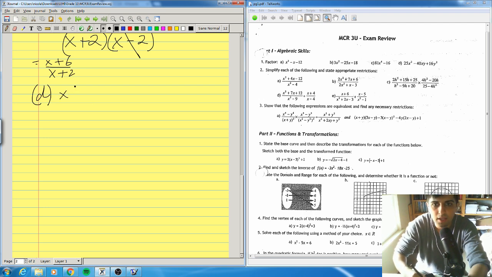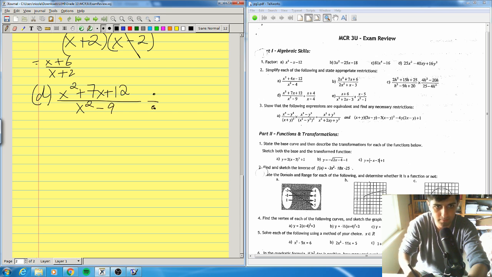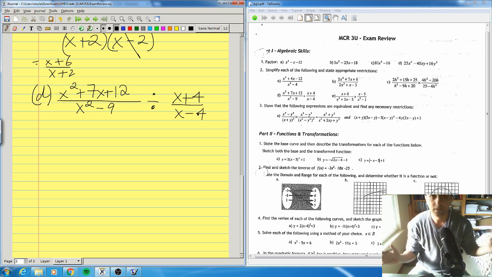So we've got x squared plus 7x plus 12 over x squared minus 9, divided by x plus 4 over x minus 4. Now, it gets a little confusing.